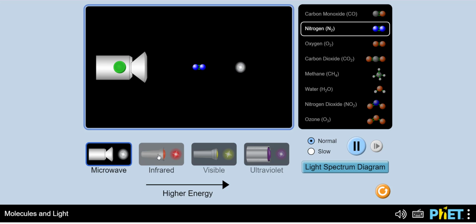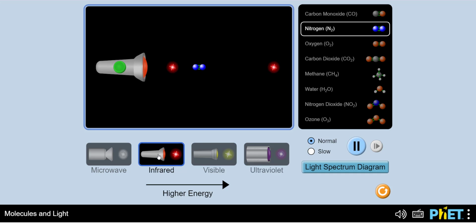Now I'm going to move to infrared. Moving to visible light. And ultraviolet light.